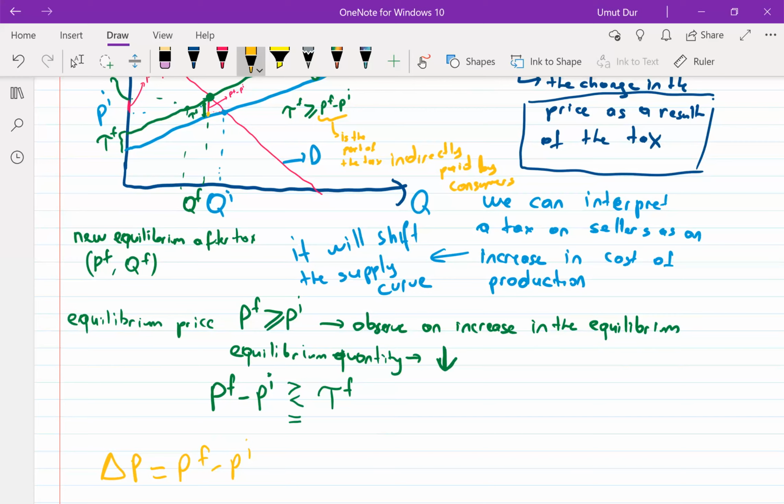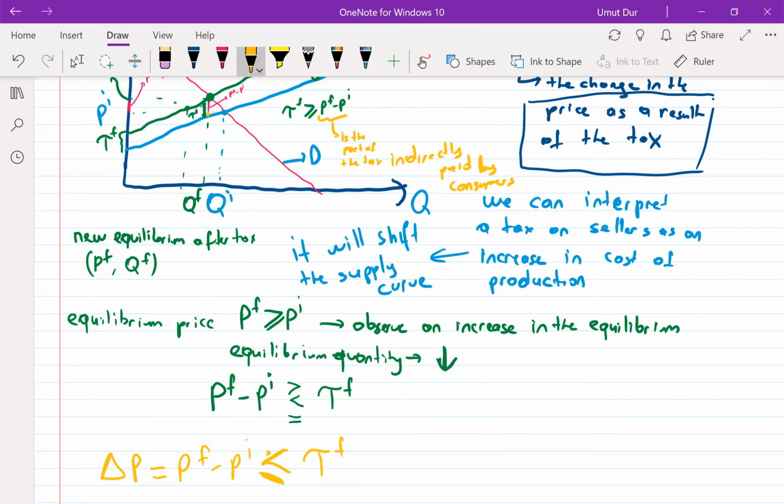But then P final minus P initial can also be higher than the tax, right? It cannot be. So it is always less than or equal to the amount of the tax. If it were higher, then the initial equilibrium would not be the optimal equilibrium.